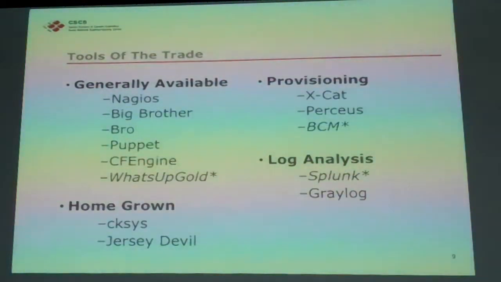Puppet and CF Engine are configuration management tools. They're also very effective for monitoring your machine. If you're familiar with a Cray, it uses a shared root environment that is read-only on all the nodes, so it can't be modified. That kind of makes configuration management tools like Puppet and CF Engine inefficient or ineffective.